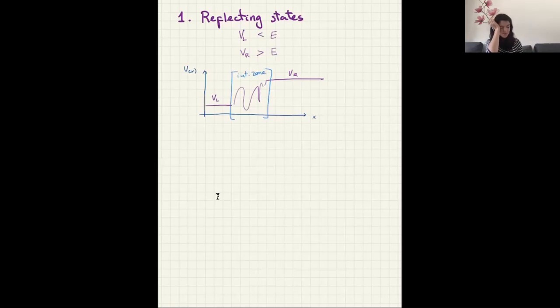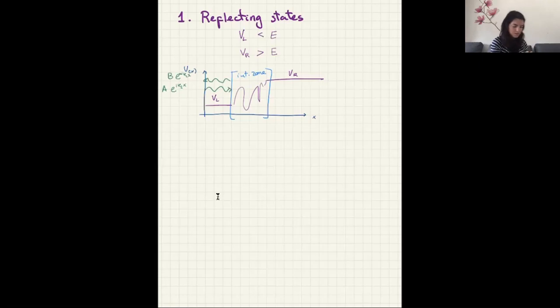Okay. Then what did we learn? So we learned that on the left, we're going to have solutions of the sort of a wave going in this direction and a wave going in that direction. And so far they seem both to be allowed. So let me just write here what we have. So this one is A, e to the i k left x, that's the one going to the right, and this is B, e to the minus i k left x, right?